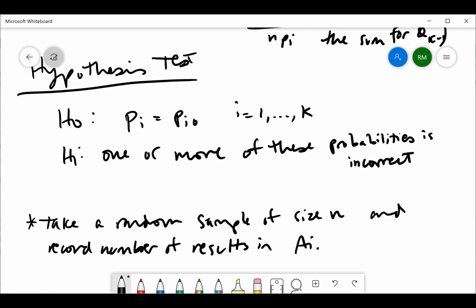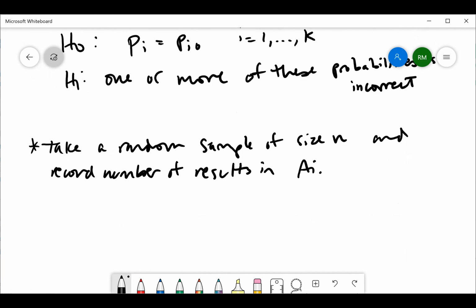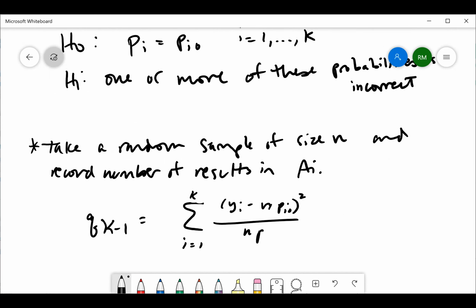Okay, so what we do is we then take this sum where we take the observed number of results in category i minus the expected number, over the expected number.